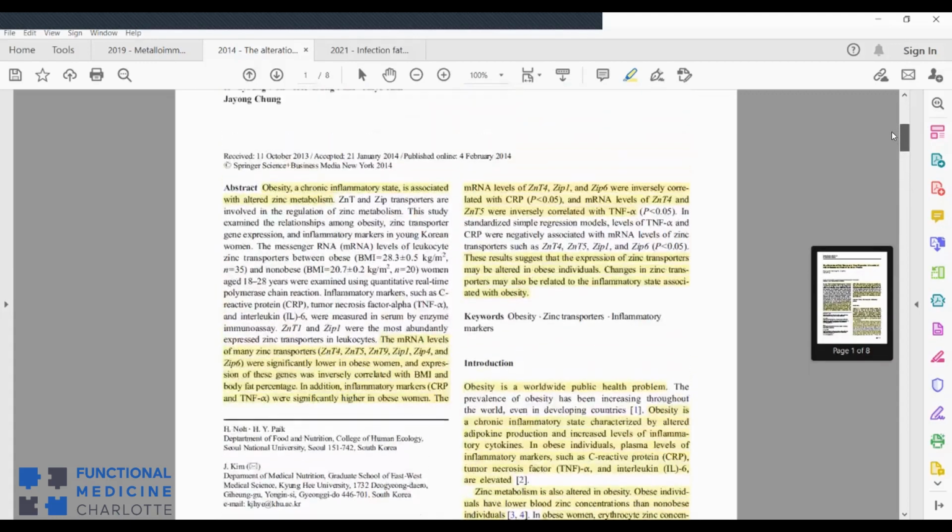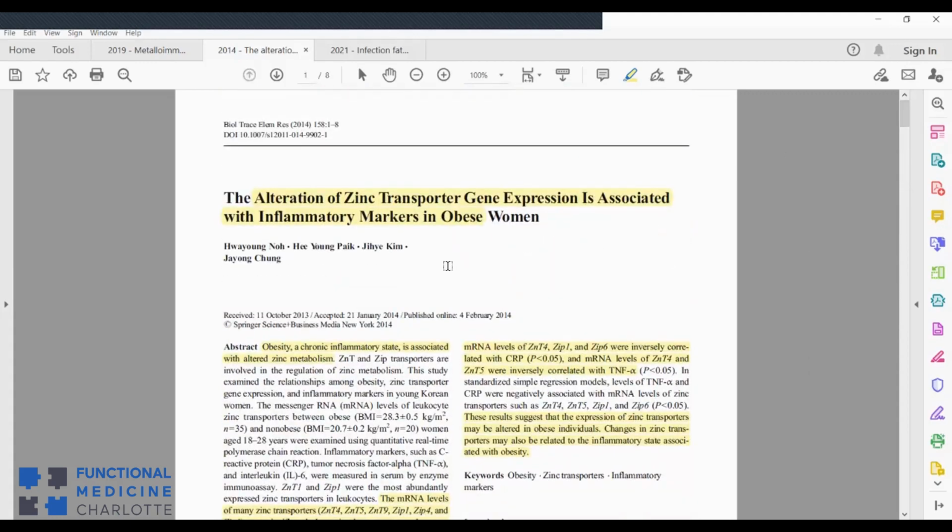I just wanted, it's probably further than you wanted to hear, but I want you to understand that it is established that metabolically unhealthy people, especially obese people, this paper looking at women, but obesity decreases availability of zinc.